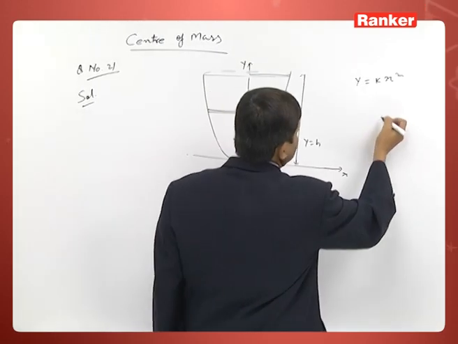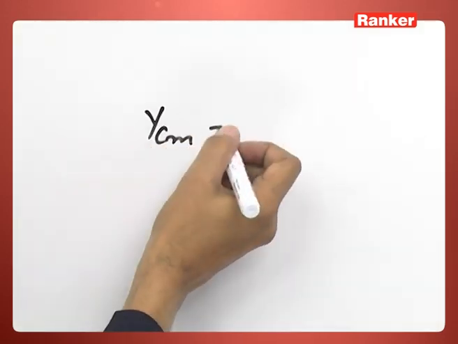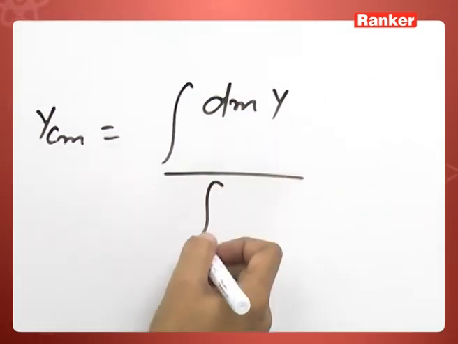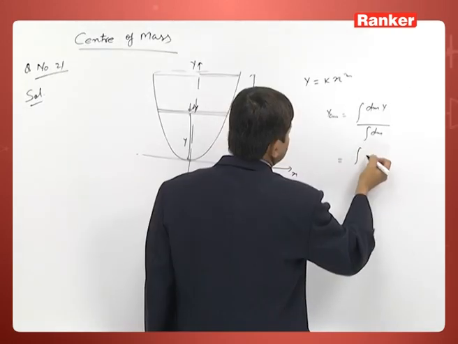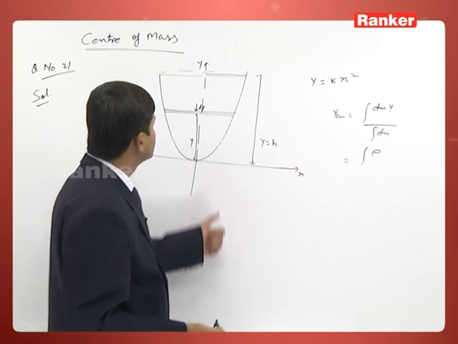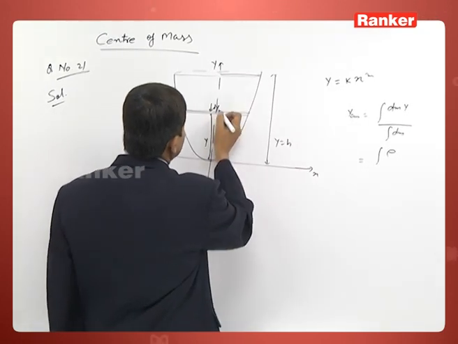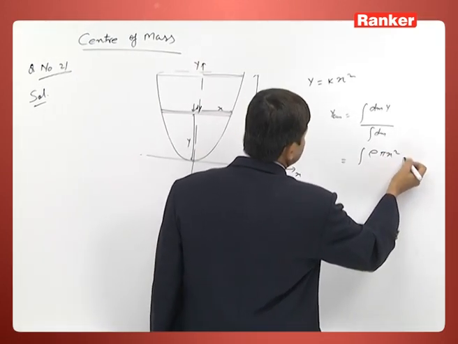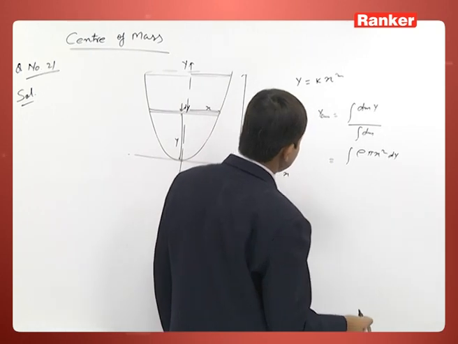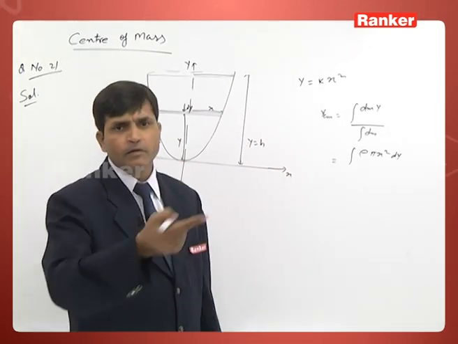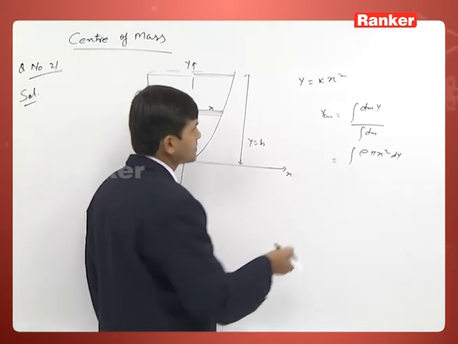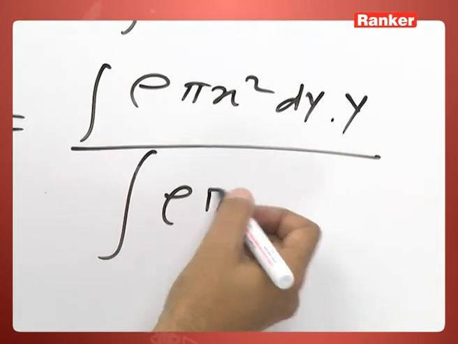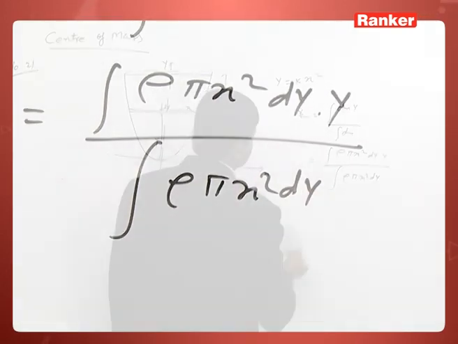So center of mass of that, y cm equals integral of y into dm over integral of dm. dm is rho, the density per unit volume, times pi x square into dy. The pi x square will be the area, dy the thickness, into y, over rho pi x square dy.